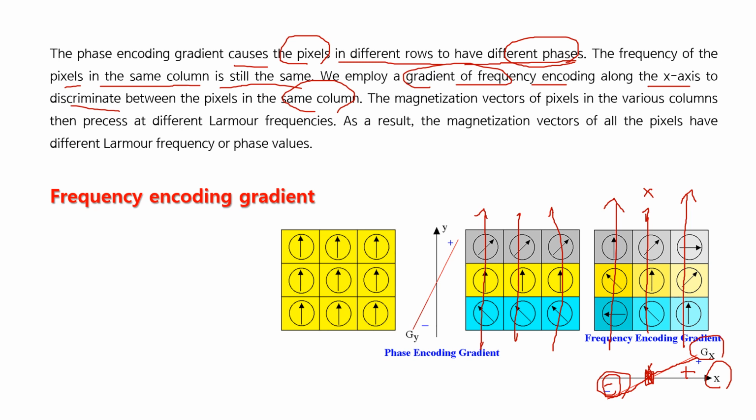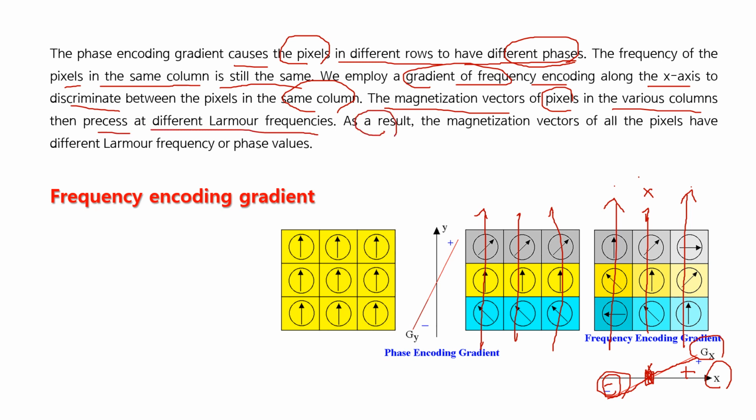Therefore, the Larmor frequencies in the 3 columns are different. So the magnetization vectors of pixels in the different columns precess at different Larmor frequencies.